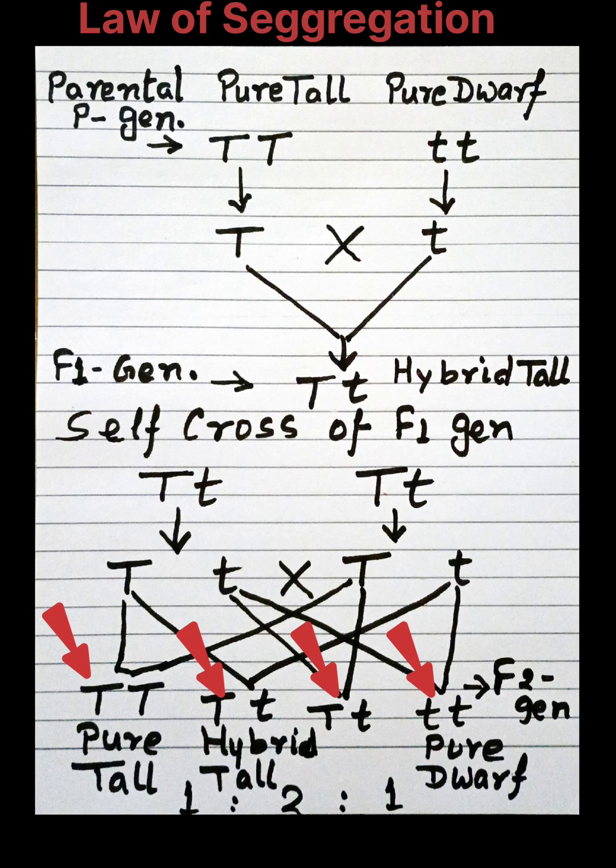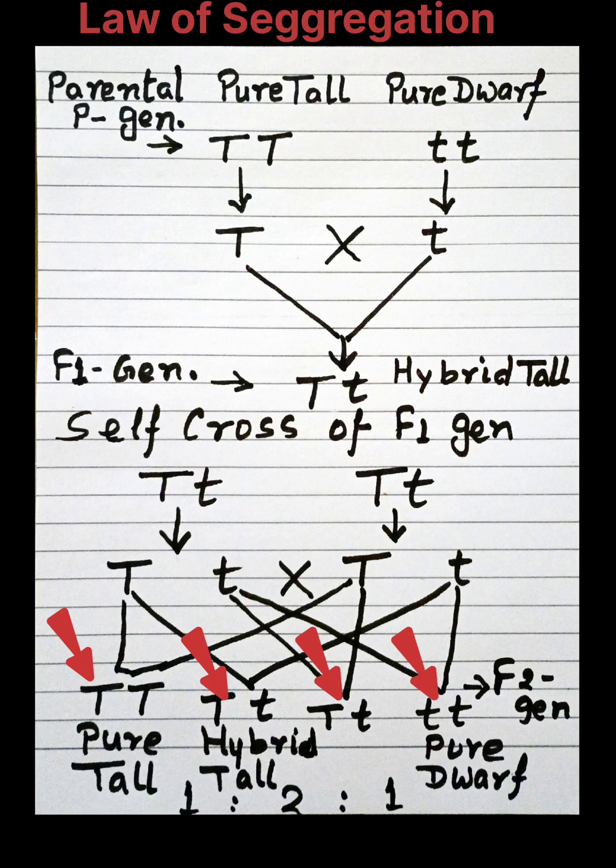Here it shows that pure tallness has come from the alleles present in the F1 generation, that is capital T in both. This tallness comes together after the gametogenesis to form a pure tall.